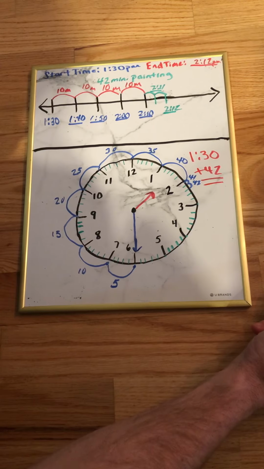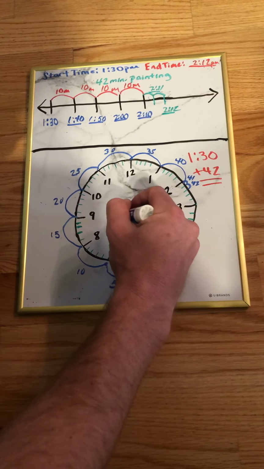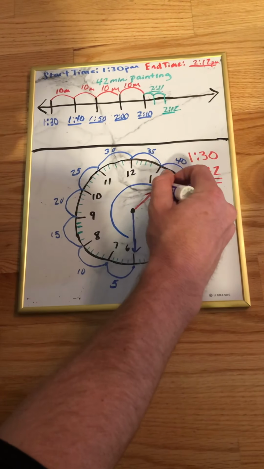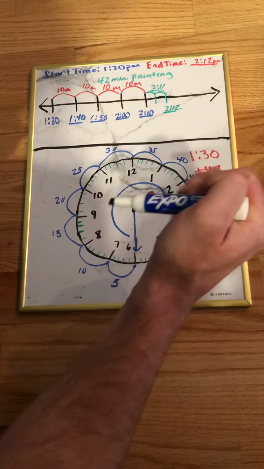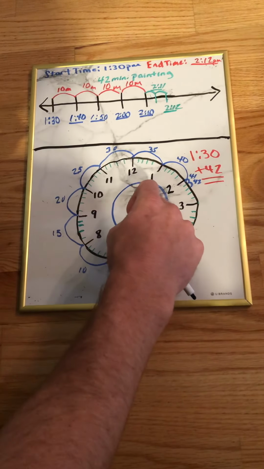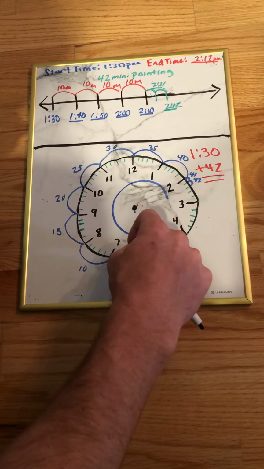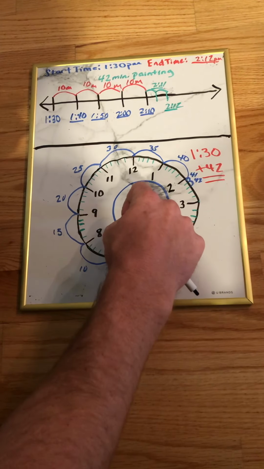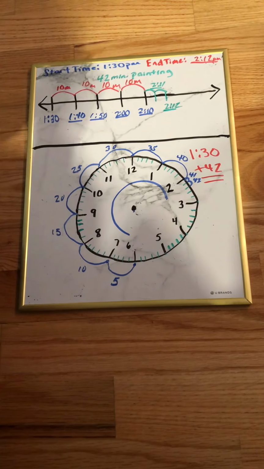So now you have to think to yourself, all right, we've traveled all the way around and we've landed right here. So I'm going to draw these hands for you. I think this is the harder way to do it. But again, is there only one way to solve a math problem?